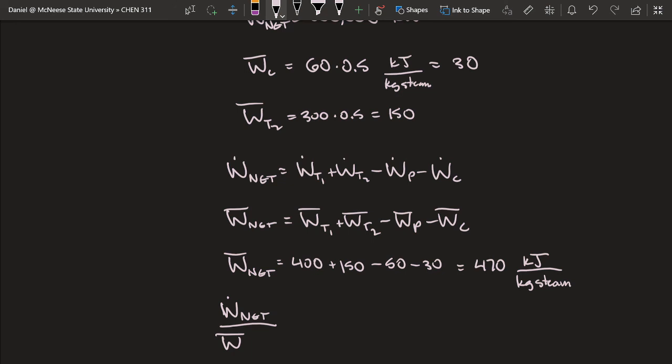Yeah, that's right. Work bar net. So that ends up being 300,000 kilowatts over 470 kilojoules per kilogram of steam. Okay, so then you divide those two.